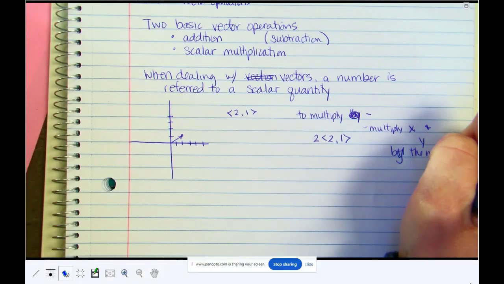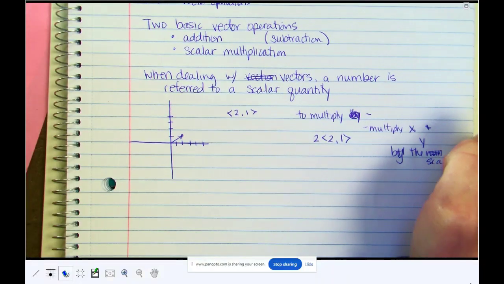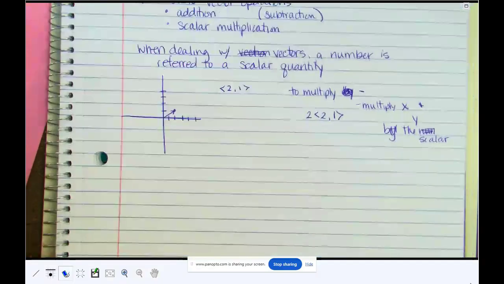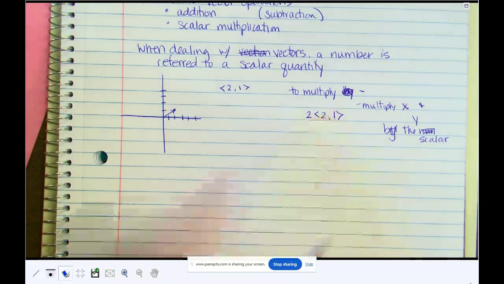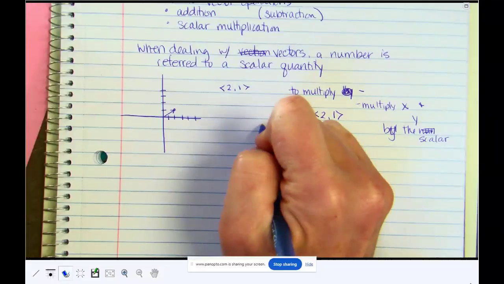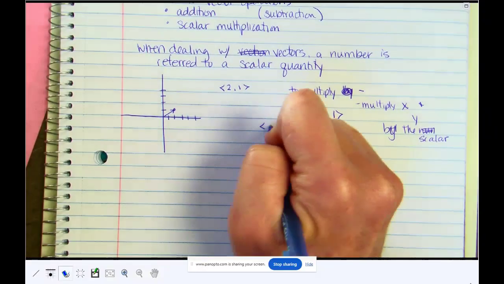These are really sloppy notes today. So if you're going to multiply, you multiply x and y by the scalar quantity. Okay, so the multiple of this guy would be 4, 2.